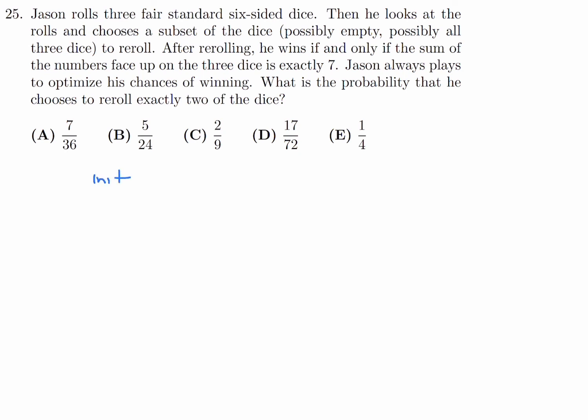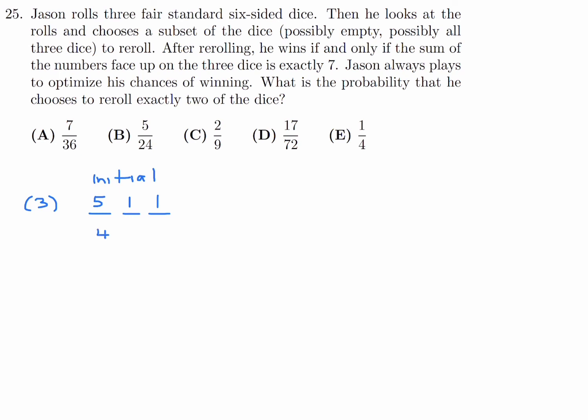On his initial roll, he will have 3 numbers. And we want to see how we can get a sum of 7. Well, 5, 1, 1 would do it, and there's going to be 3 permutations of that. I'm not going to write out all the permutations. I assume you know how to do that.